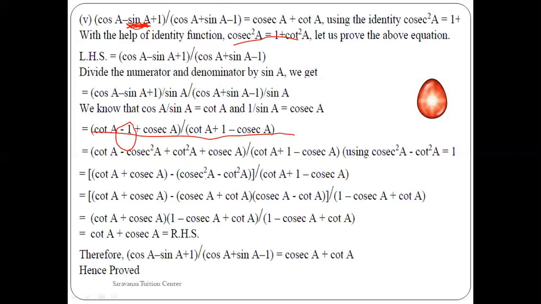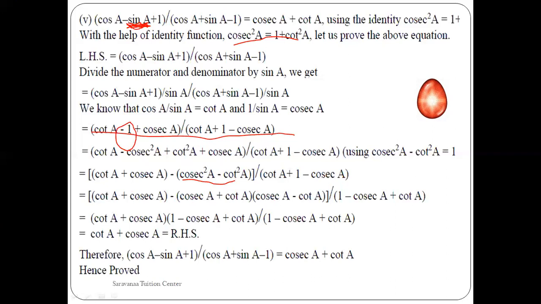So now cot A plus cosecant A minus (cosecant A plus cot A) into (cosecant A minus cot A). They are splitting the cosecant square A minus cot square A as A square minus B square. The formula is (A plus B) into (A minus B). Similar formula is used here: (cosecant A plus cot A) into (cosecant A minus cot A). They have split it like that.